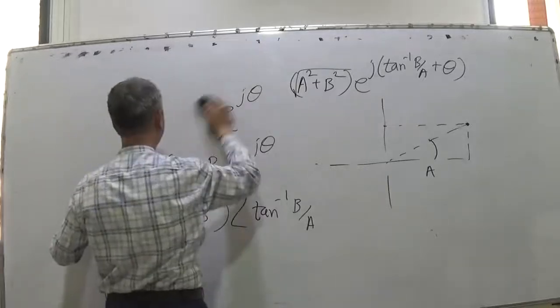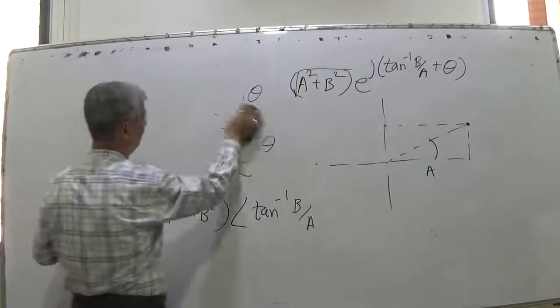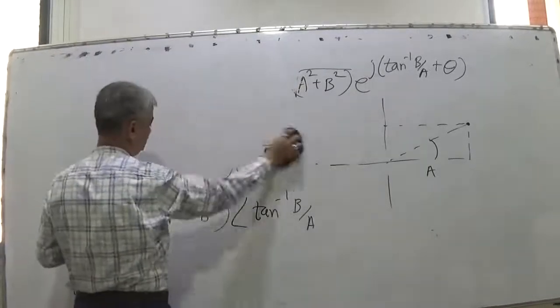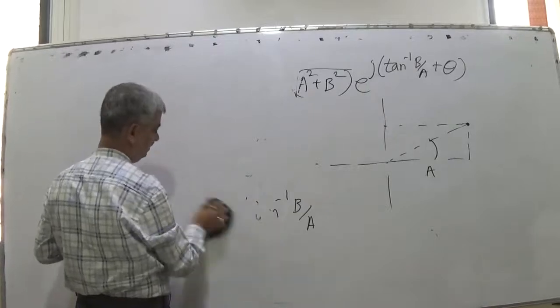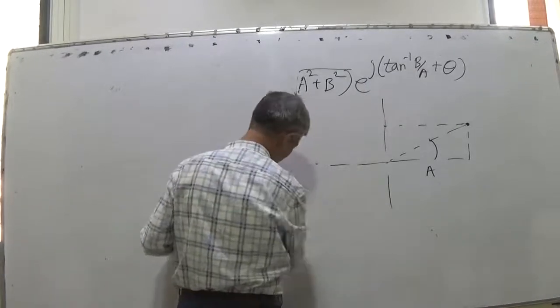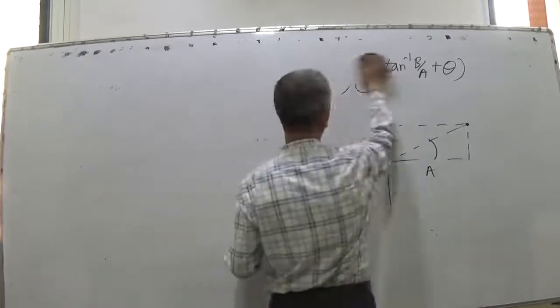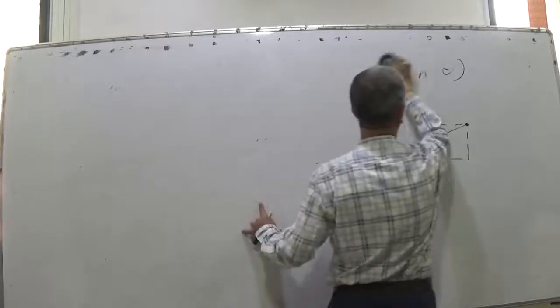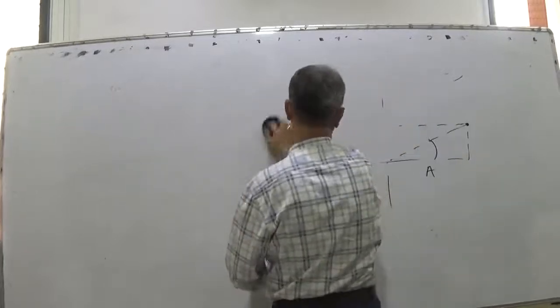What is a phasor? A phasor is a point rotating on a circle with uniform angular speed of omega.